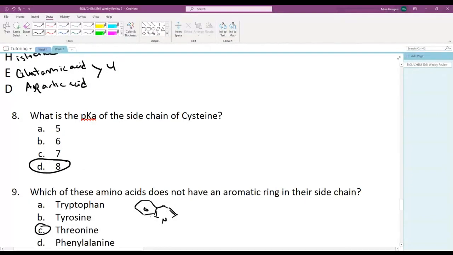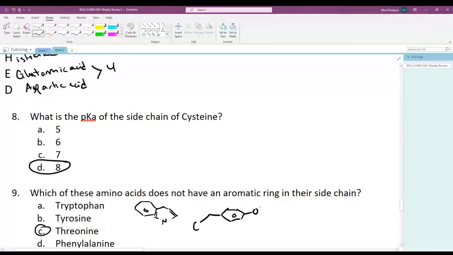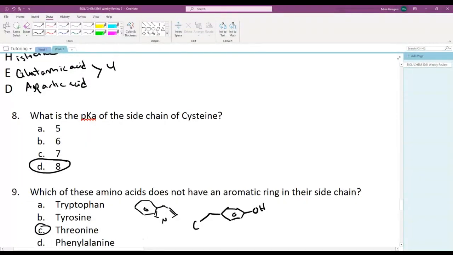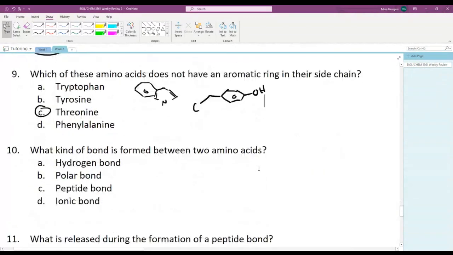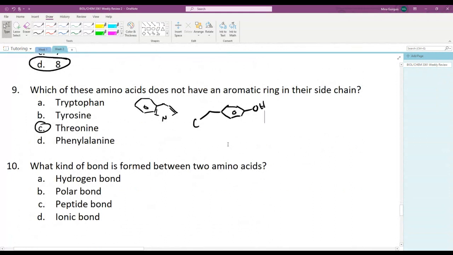Tyrosine is coming off of this central carbon. You have that. Then you have an aromatic ring and an alcohol, and phenylalanine is basically tyrosine without the OH. Okay, so just a quick reminder. All right, some general information you need about these.